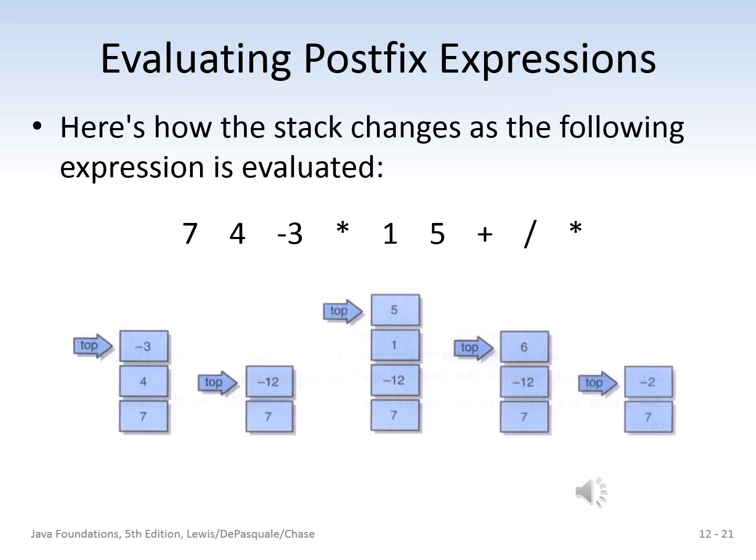And there we are at the second state, if you will, with a -12 at the top and a 7 beneath it. Then we come to a 1, we push that onto the stack, and we come to a 5, and we push that onto the stack. And then a plus sign, which is addition. We will pop the 5 off, the 1 off, add them together. The resultant will be 6, and we will push the 6 back onto the stack.